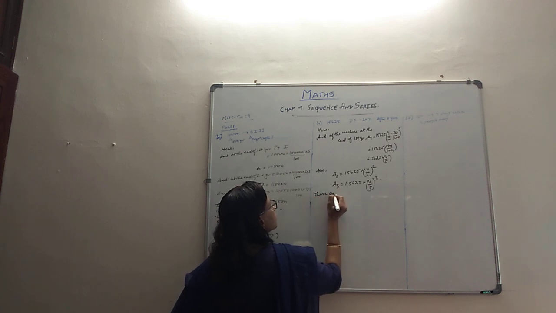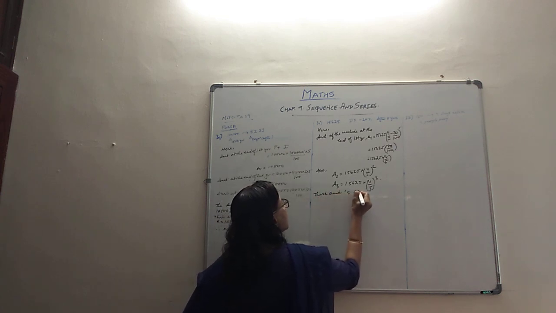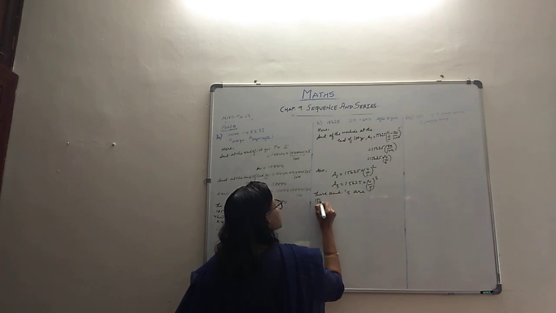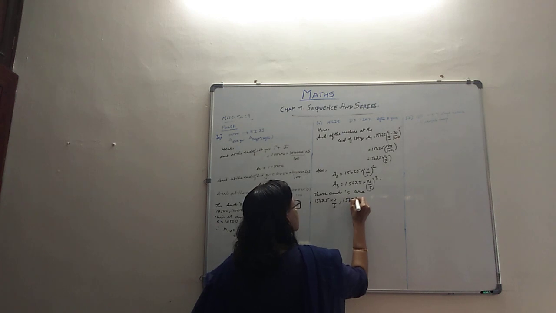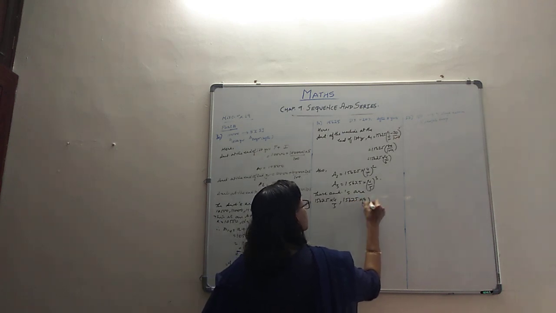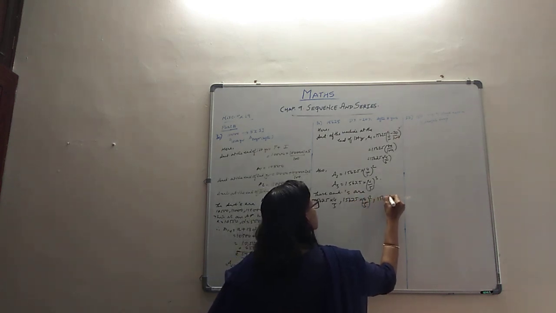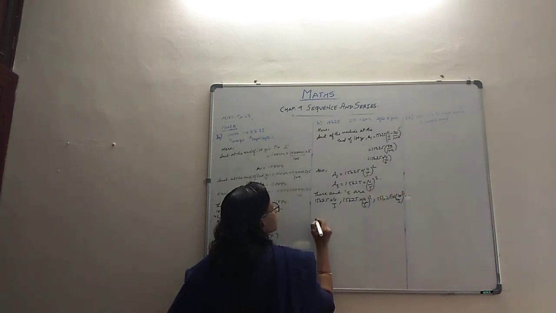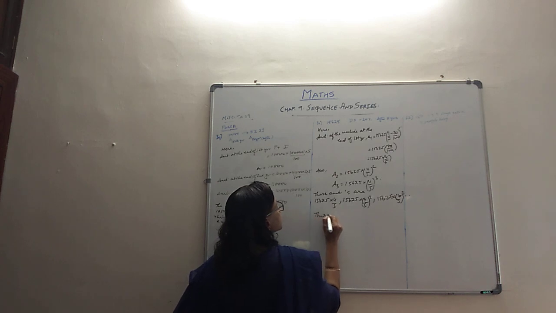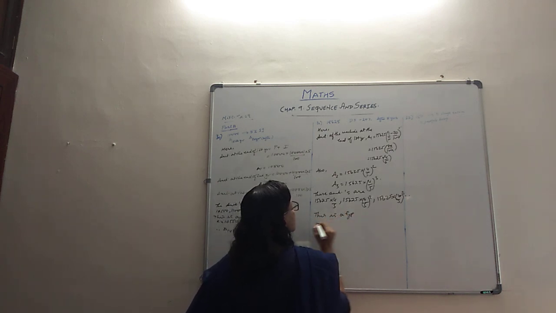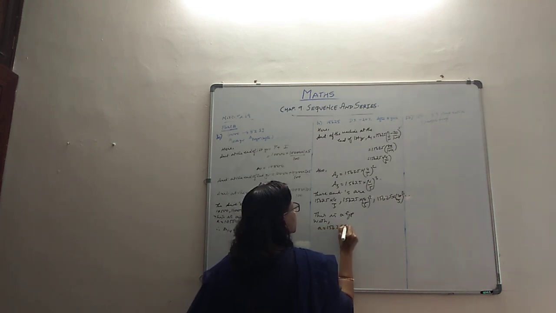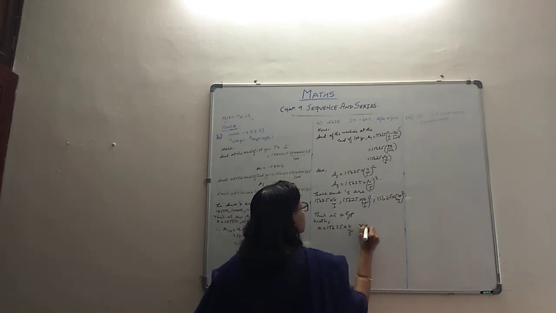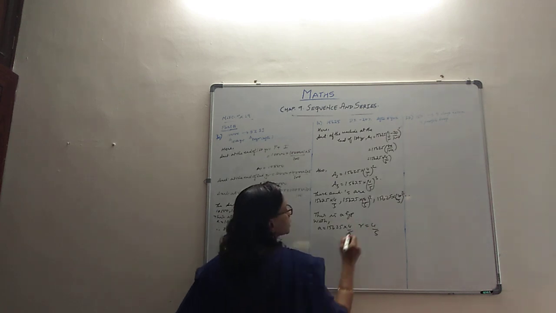So these amounts are 15625 into 4 by 5, and so on. You could multiply it and find out, but why take all the trouble? So this is a GP with A as 15625 into 4 by 5 and the multiplying factor is 4 by 5.